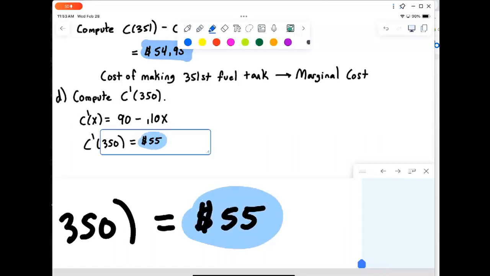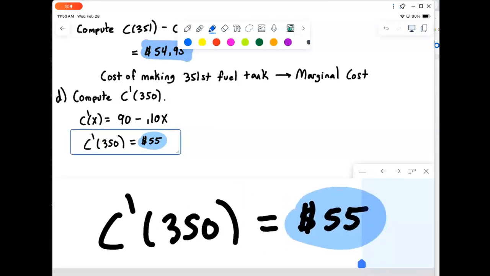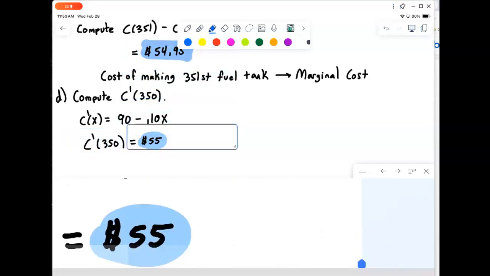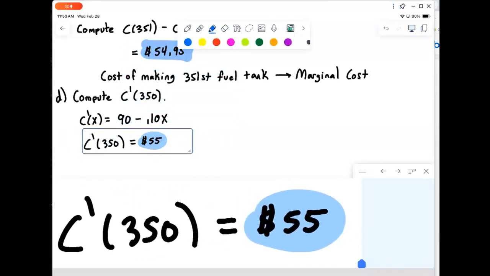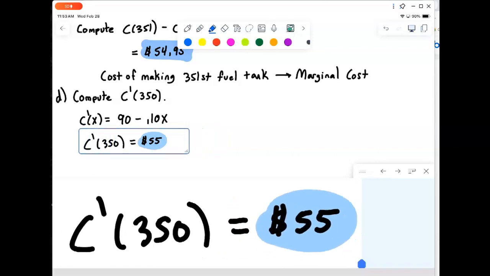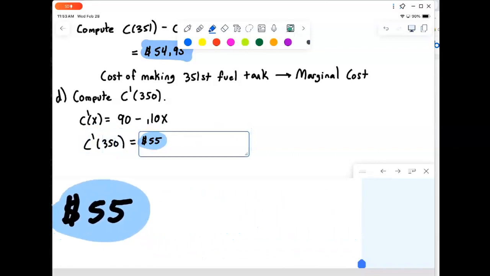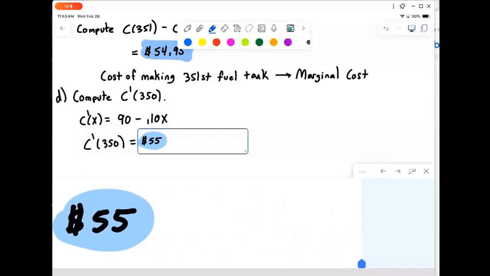I want you to notice that this answer, $55, that derivative, is telling me the rate of change of the cost with respect to the number of units produced. Remember, the derivative is a slope, a rate of change.